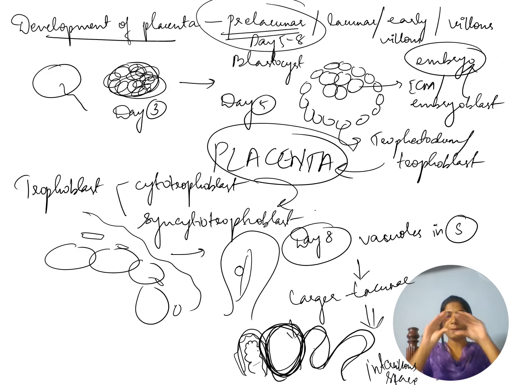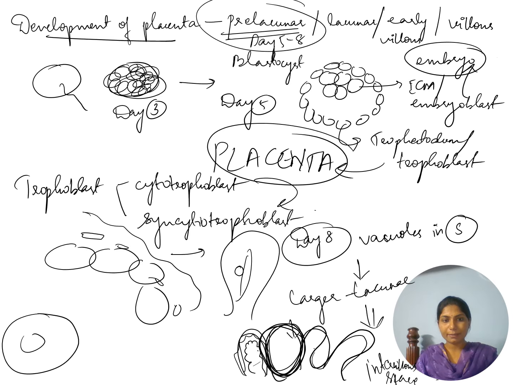So the pre-lacunar phase is nothing but the entire embryo being surrounded by cytotrophoblast and syncytiotrophoblast. Once the entire embryo is surrounded, there is formation of something called a lacunae in between the syncytiotrophoblast, and this lacunae is leading to something called villi like this.